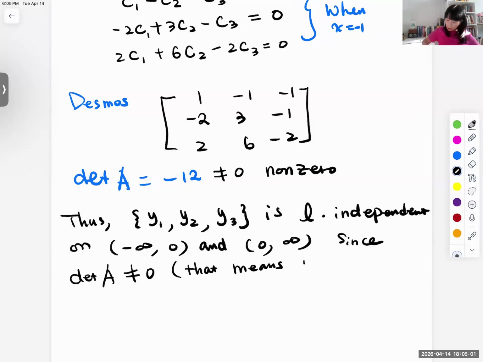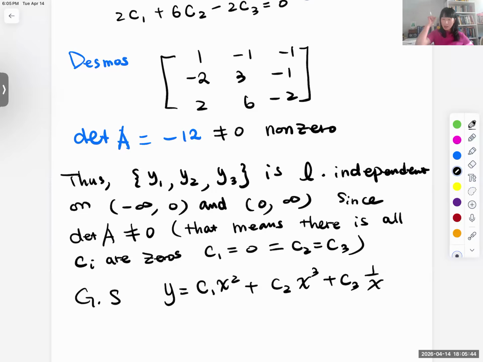So C sub 1 equals 0, C sub 2 equals 0, C sub 3 equals 0. Okay, now the general solution: y equals C sub 1 x squared plus C sub 2 x cubed plus C sub 3 times 1 over x. Make sense?